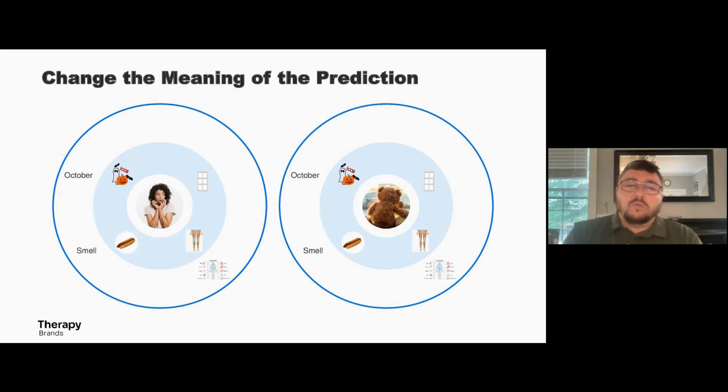So let's talk about this person I was working with. Again, we're changing the meaning of the prediction. And if you weren't aware, predictions and concepts are the same thing, which is another hard idea to figure out. But prediction, simulation, concept, it's all the same thing. So this person had been abducted in October around Halloween.